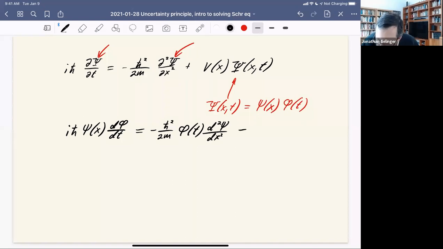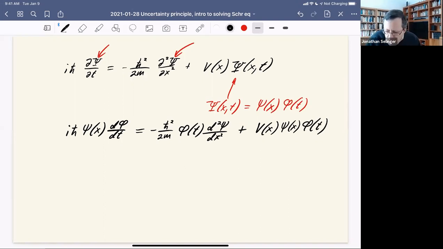Then we have to add on the third term, which is v of x times psi of x times phi of t. Okay, we're all good with that? All right. So now what?